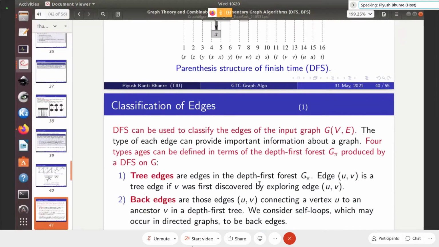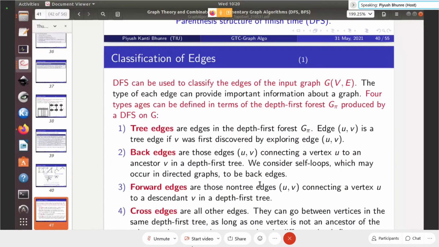Okay, so this DFS actually gives you a classification of the edges in the graph. As you have seen in the BFS, breadth first search, we have seen back edge, tree edge, and so on. So in a DFS also you can have a predecessor subgraph, and as you discover different vertices through the edges, you can classify the edges as follows.